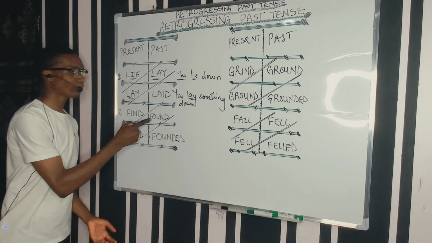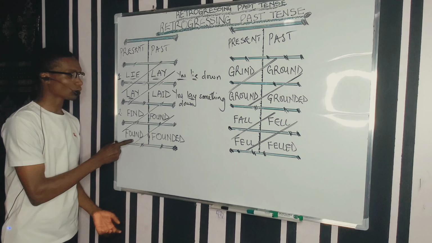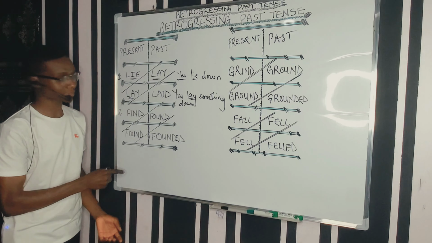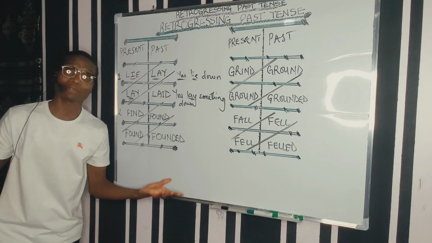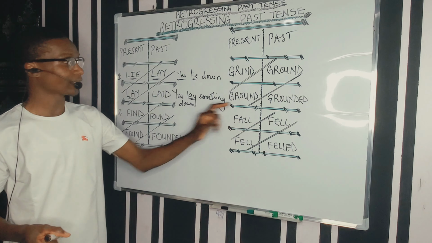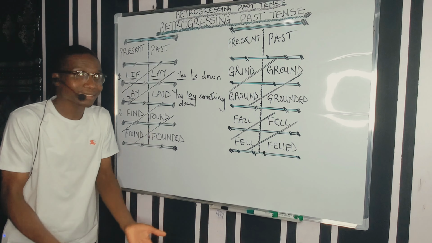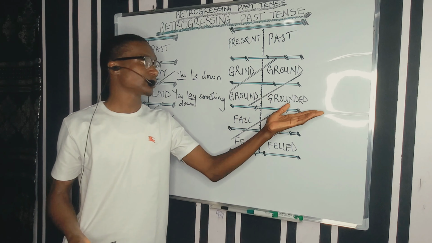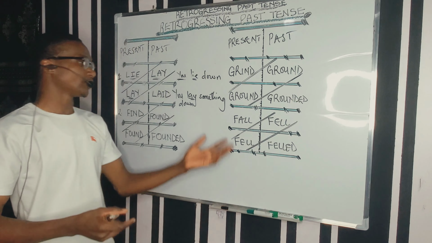We have find, found. Found will later become a present tense, and then the past tense will be founded. And then we have grind and ground. Then ground will come up to become a present tense with the past tense of grounded. And fall, fell, and you have fell, felled.